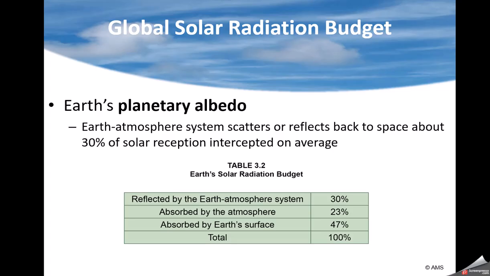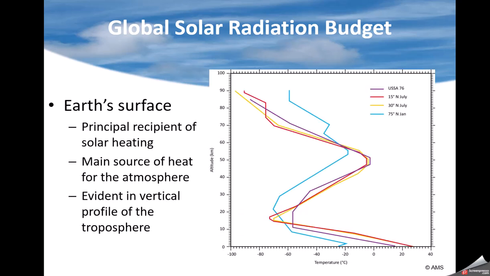The Earth's atmosphere reflects 30% of the energy it gets from the sun. It absorbs another 23, and the rest is absorbed by the Earth. And because of that higher absorption by the Earth, the air near the Earth's surface is warmer and then cools the further up because it gets less and less heat.